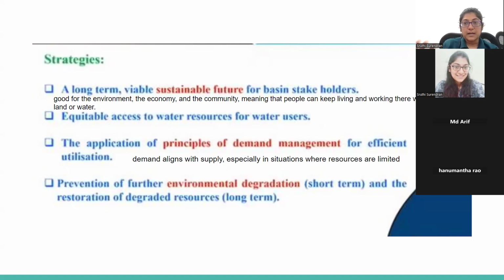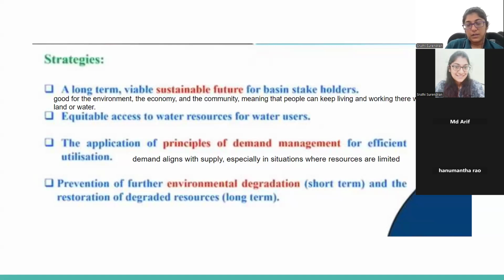Say suppose the demand is very high and the resource is very low, then reducing the demand so that the reduced supply can meet the requirement, and such techniques adopted are all based on the principles of demand management. So that is another strategy that needs to be adopted in integrated watershed management.